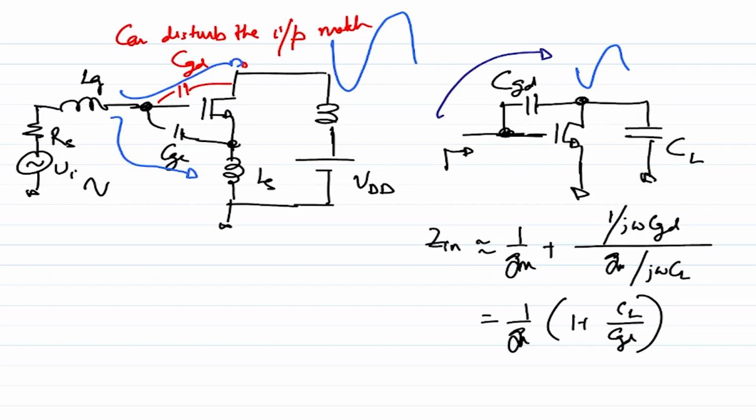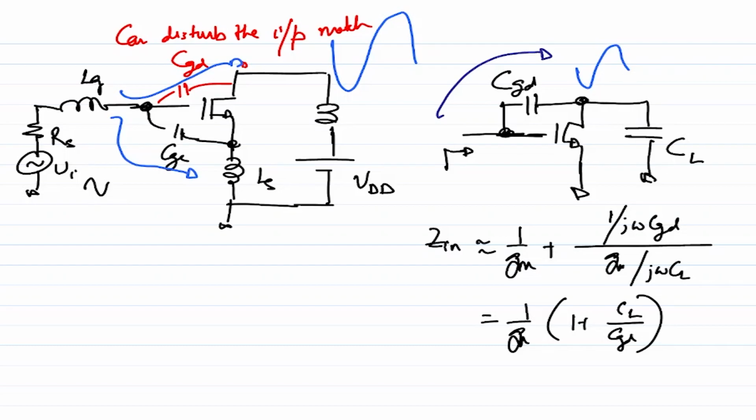The current through CGD is also a function of the swing at the output node. Because it's an amplifier at the end of the day, you are expecting a lot of swing at the drain, which effectively means that, depending upon how much gain you have, you will end up drawing an appropriate amount of current through the CGD, which was not supposed to draw any current if CGD were 0.